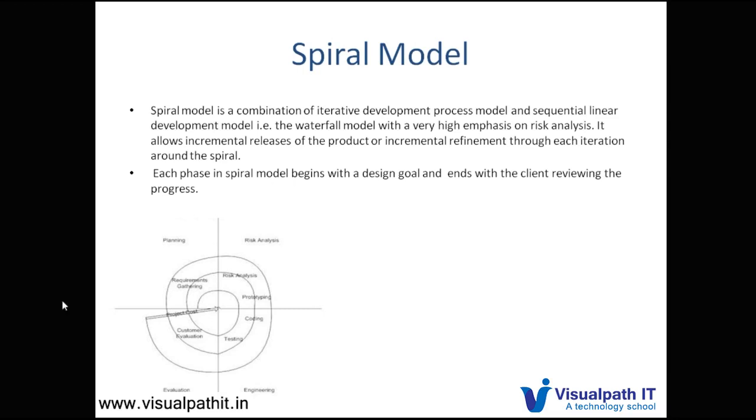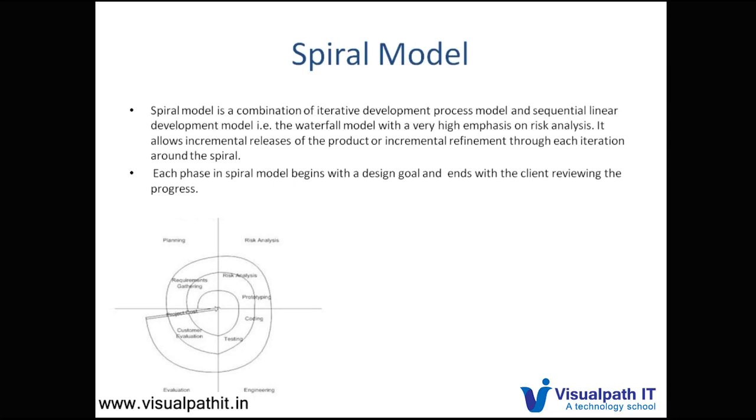The prototype we made will be evaluated by the client, and a risk analysis will also be done. After that, coding will be done and the final evaluation will be done. So we have the 4 phases, but each phase is a linear phase.